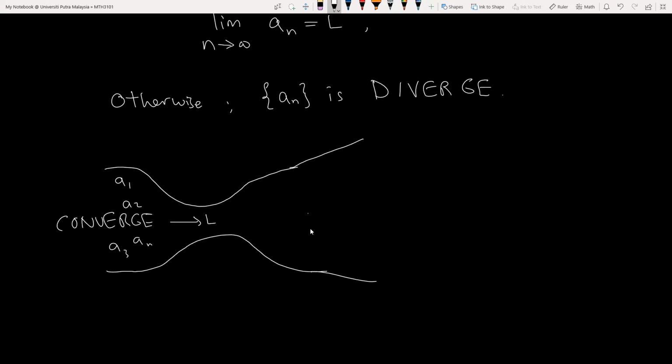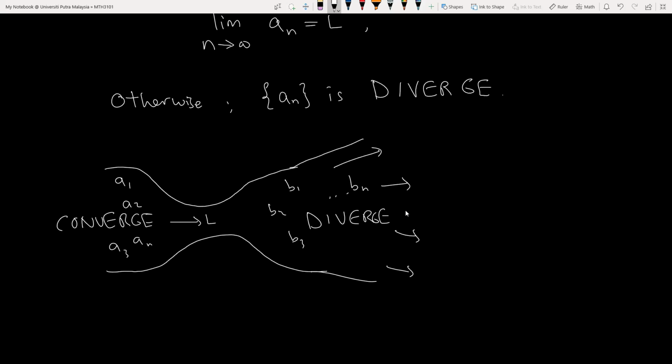Okay, let's say this is diverge. Let's say this is b_1, b_2, b_3, and so on, b_n, it goes to some unknown values.